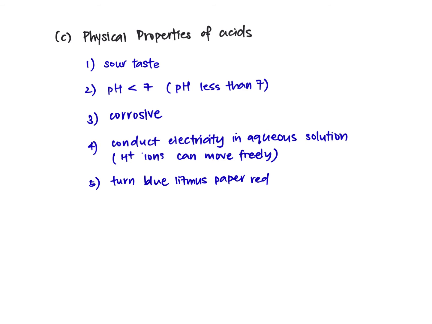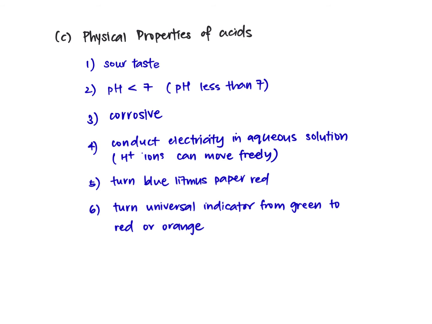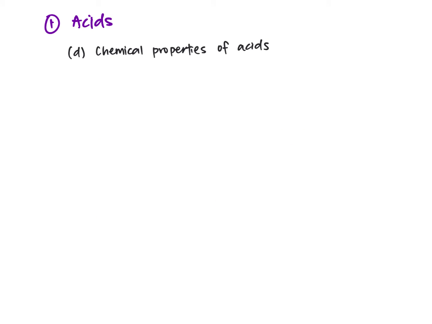Fifth, turn blue litmus paper red and able to turn universal indicator from green to red or orange. If it is able to turn red, means it is a strong acid. Orange for weak acid.